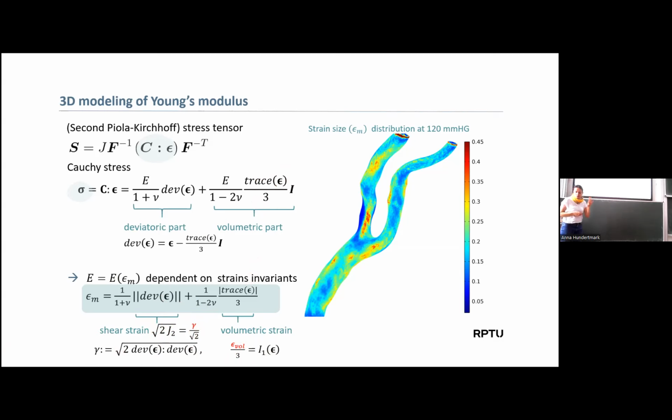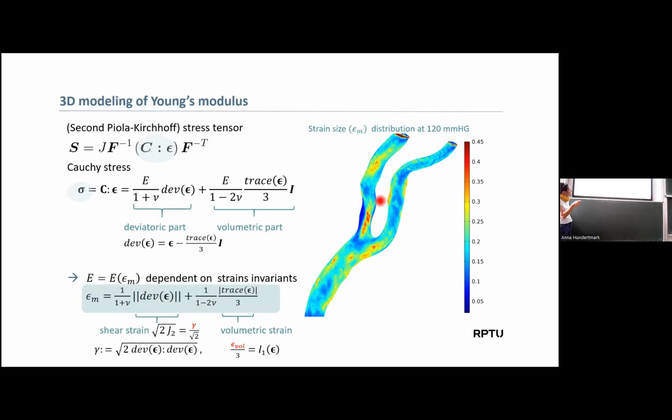So based on this information, we said, okay, in the same way as the strain is split between deviatoric and volumetric part, we also split the strain metric dependence between shear strain and the volumetric strain. Okay, and we put this new strain metric into the simulation and model.